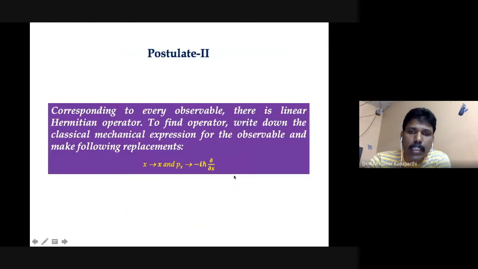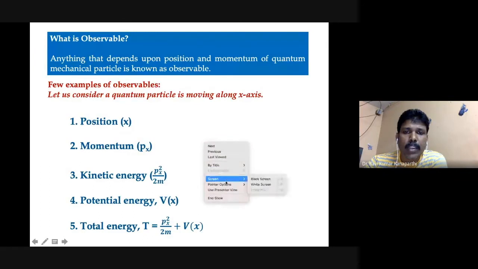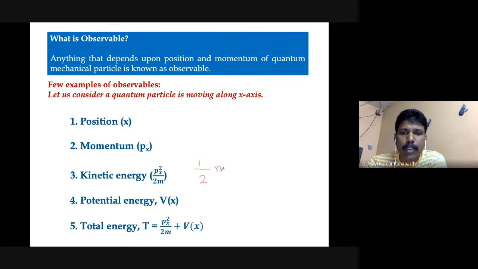This is something that we represent in a slightly different manner in quantum mechanics. Half mv square is the formula that we normally know for the kinetic energy of any particle. If it is moving in the x direction, it is given by px square by 2m.